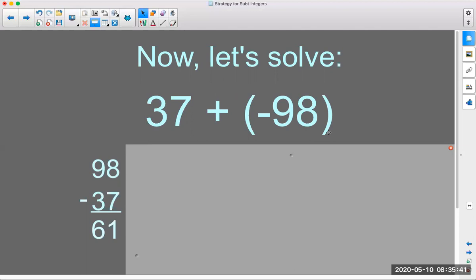But I know some of you, if you're one of my people, then you like money too. So if I were thinking about this like it were money, I would say I have $37, but I owe my friend $98.